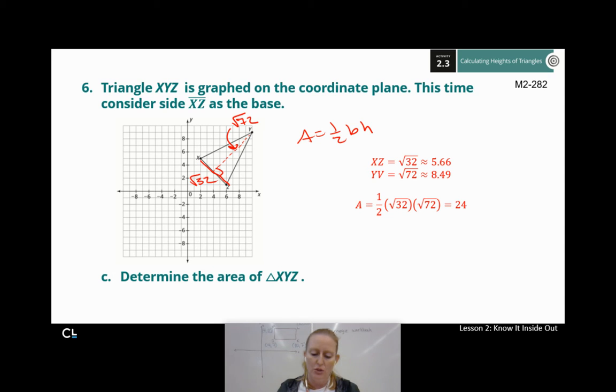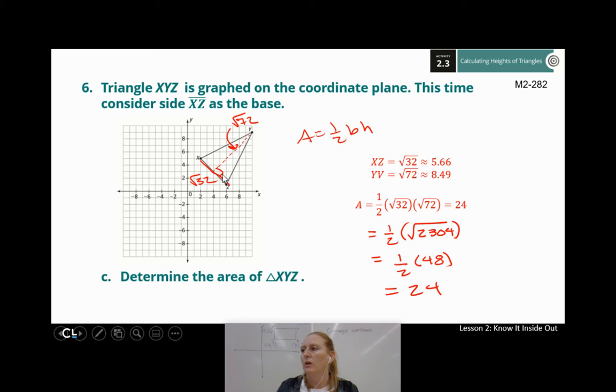So I did 32 times 72, and that means I got the square root of 2,304. And then I did the square root, and it turned out it was perfect. I got 48. And if you cut 48 in half, you get 24. So you just found the area of the triangle was 24.